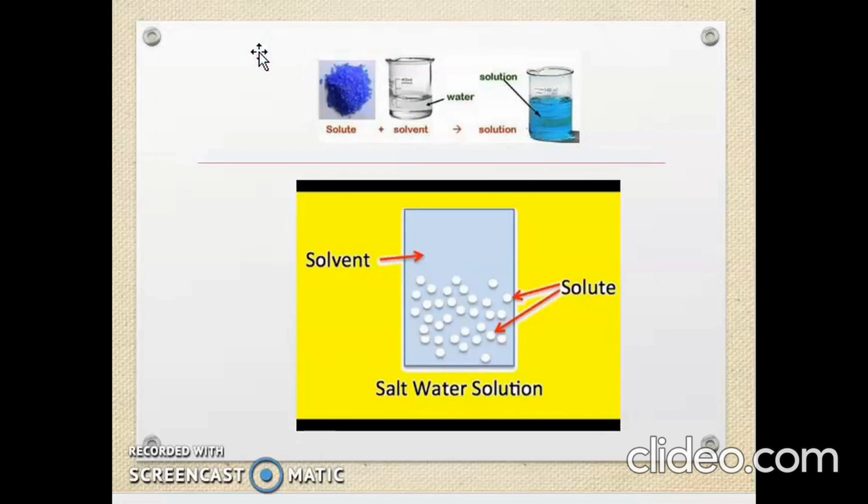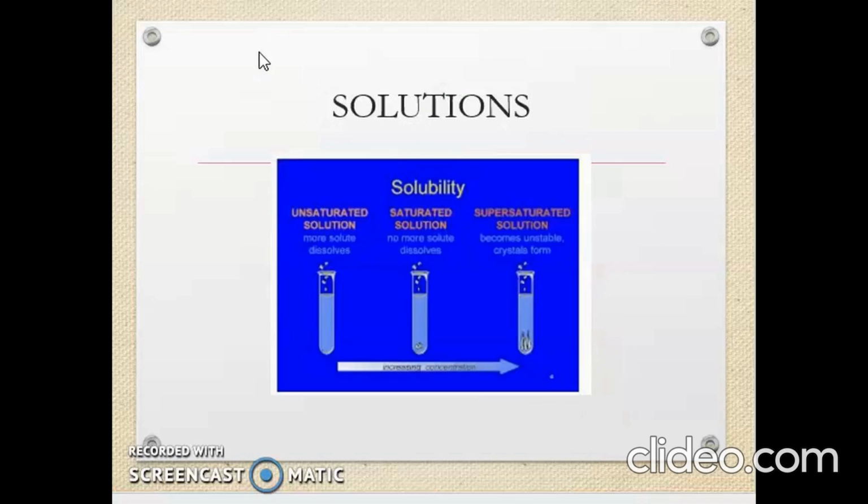So, the component that is present in a small quantity in the mixture is the solute, and the component that is present in a large quantity in the mixture is called the solvent. And together they are called a solution. So a solution can be unsaturated, saturated, or supersaturated.